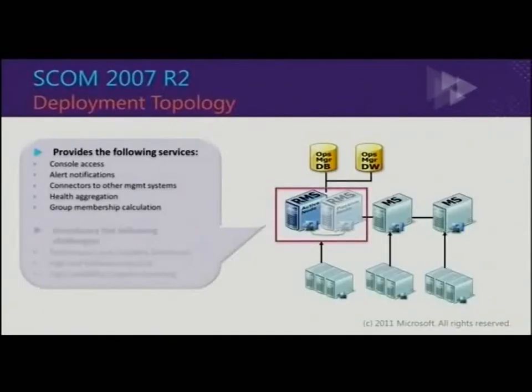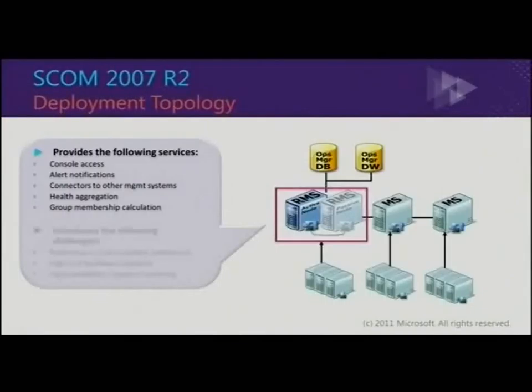So if we focus in on the root management server, what does that actually provide to our management group? Firstly, it's the only server in your management group that runs the SDK service. And our Ops Manager consoles need to connect to the SDK, so obviously we need that root management server online. It's responsible for delivering all the alert notifications. That's our SMS notifications, email notifications, instant messenger notifications.